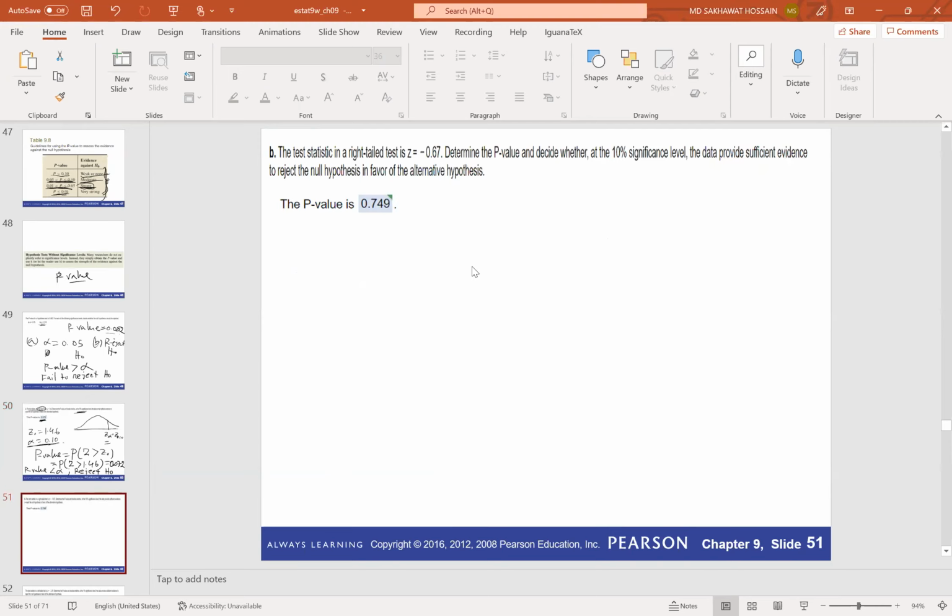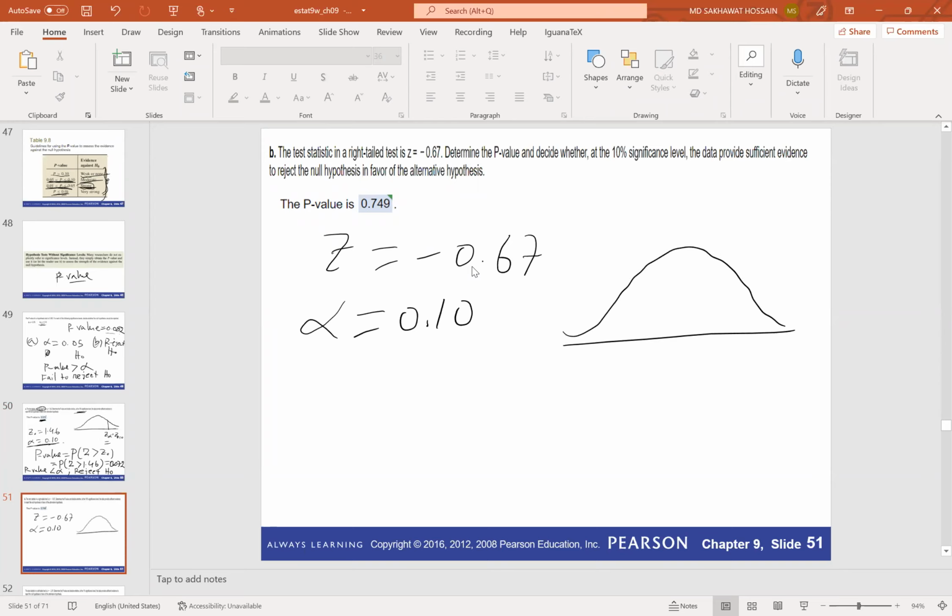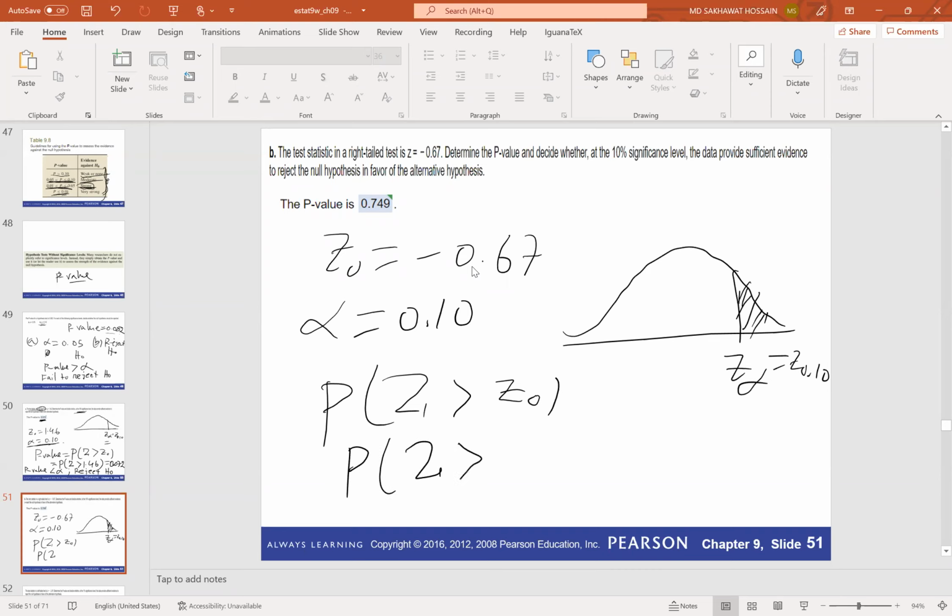Okay, so in part B, this is also a right tail test, and the test statistic is negative 0.67. Alpha is 0.10, so this is z alpha, and this is z 0.10. Since this is a right tail test, we need to find the probability of z greater than z0, that means z greater than negative 0.67.